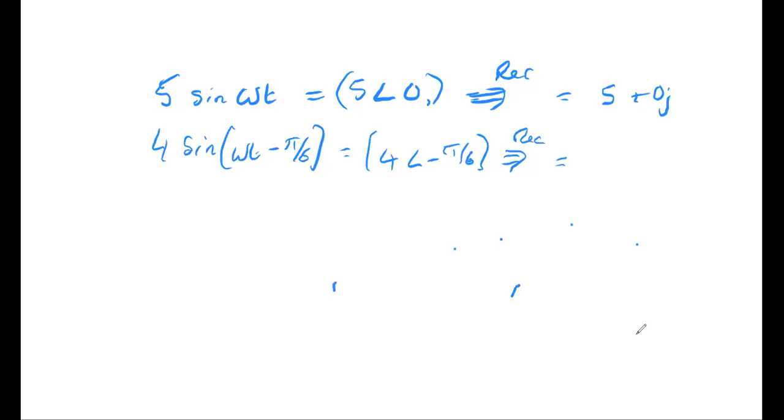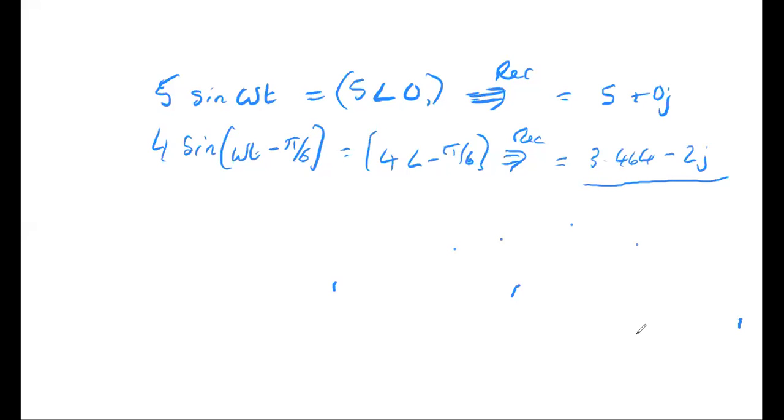That comes out at 3.464 minus 2j. And so to add those together, we do them separately.